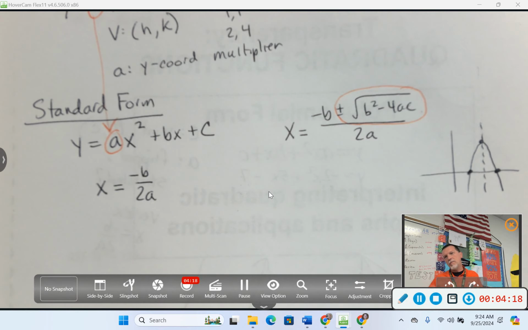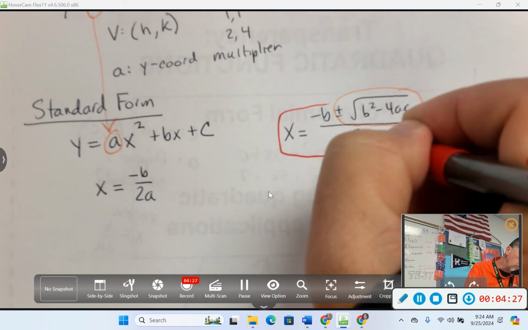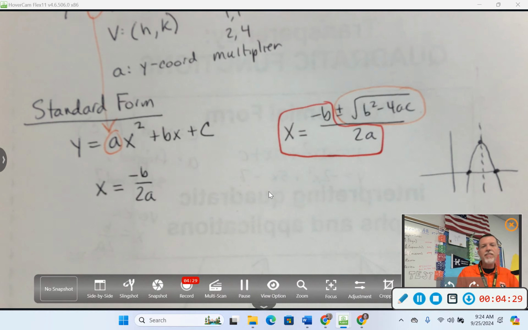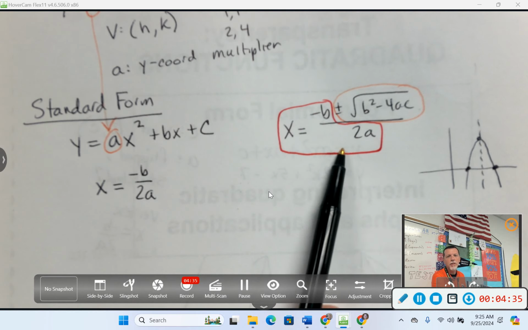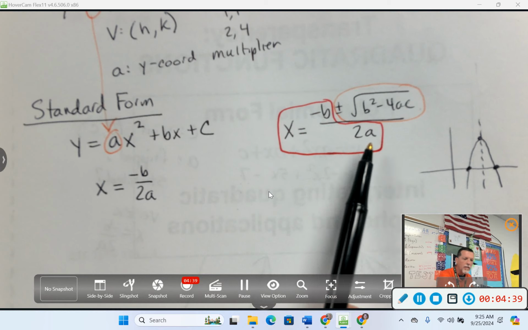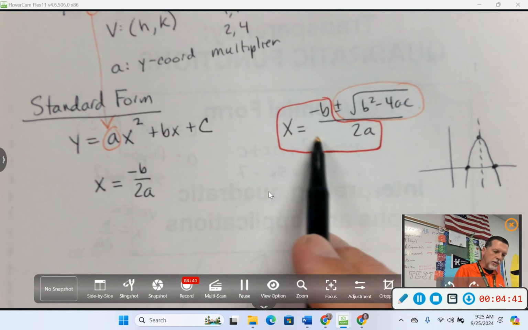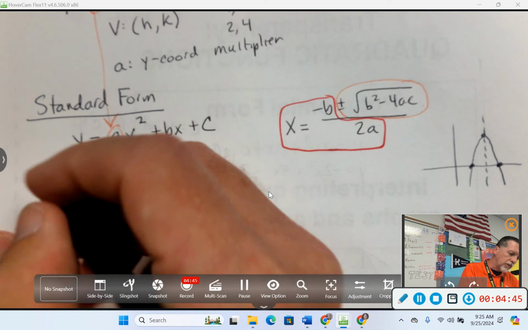So if you go plus a little bit, you go to the right, you go minus a little bit, you go to the left, that gets you your zeros. But if you don't do the plus or minus stuff, that's the x-coordinate of your vertex. So this formula might be new, but it comes from a formula that you already know. So the full thing gives you the zeros, the negative b over 2a gives you the x-coordinate of the vertex.